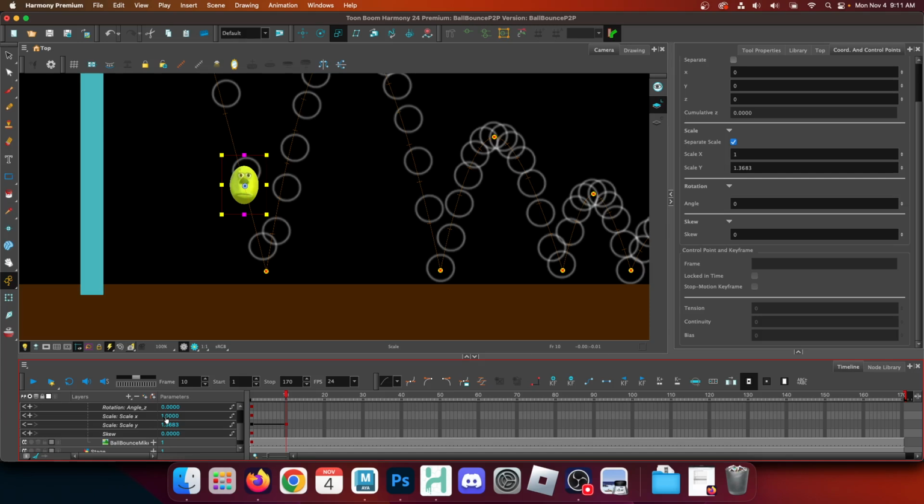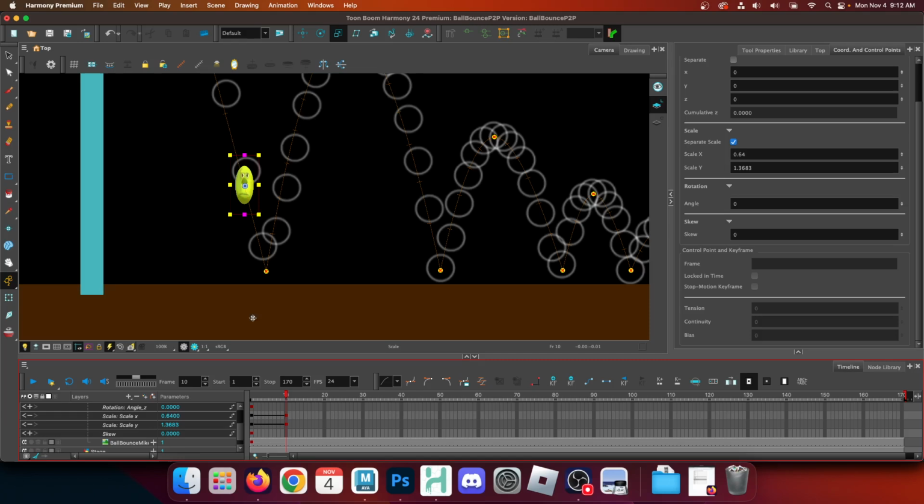So if my stretch is scaling my ball up 0.36, I should be reducing my scale X by the equal and opposite amount. So whatever 1 minus 0.36 is, which is 0.64, excuse me, I'm not that bad at math, 0.64, right?